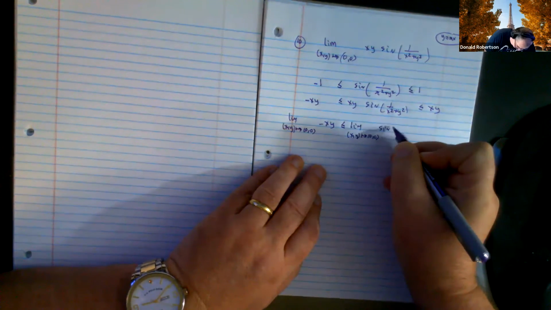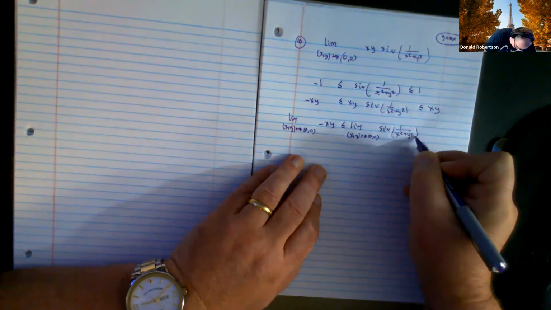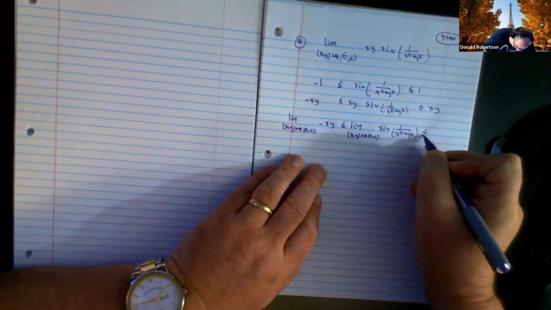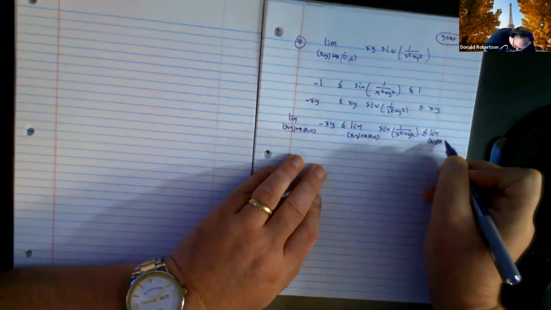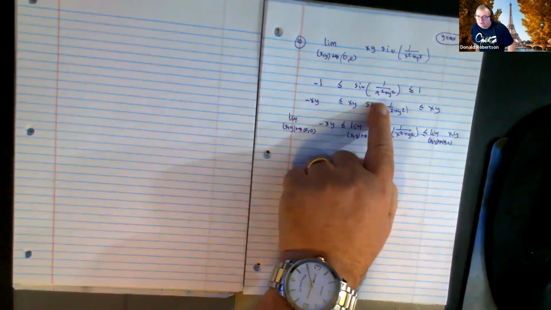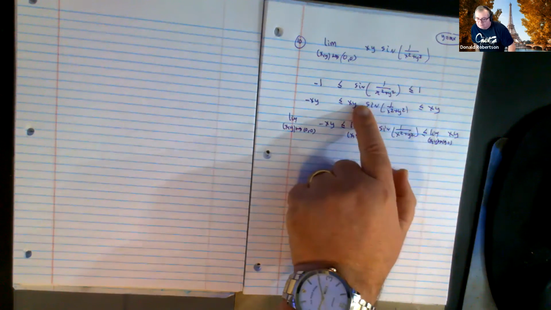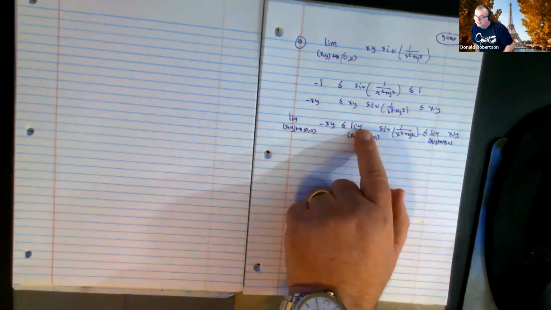It takes forever to write this thing down. Would you agree that the logic says that this is also valid? If sine is between -1 and 1, then this fella here is somewhere between negative xy and plus xy. And so shouldn't the limit as (x,y) tends to (0,0) be true?